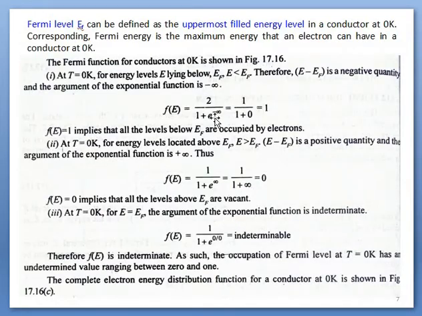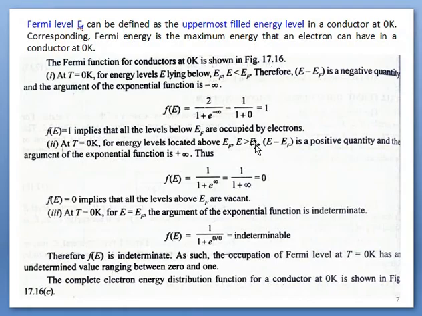So here will be e power minus infinite. Minus infinite means 1 by e power infinite, which means 0. So here it will be 1 upon 1 plus 0. Here by mistake it is printed as 2, but it should be 1. So 1 plus 1 by e power infinite means 1 plus 0. So Fe equal to 1 means the levels below Fermi energy are completely filled by electrons, because the probability distribution function is 1.